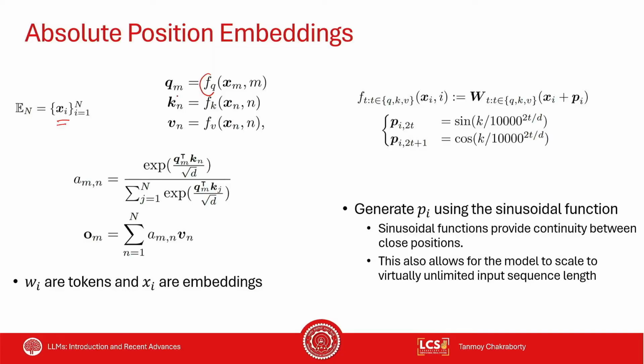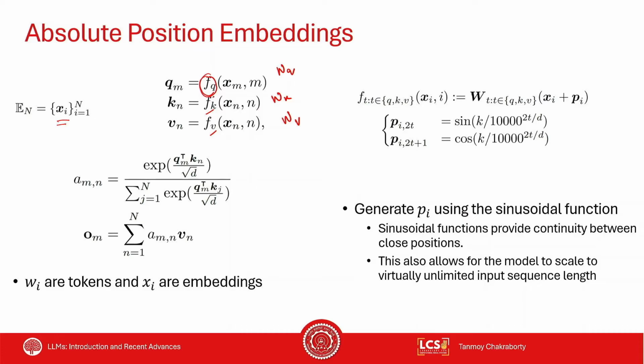Query will be generated through some function fq, which in the normal transformer is essentially a linear transformation. You multiply the embedding with a matrix Wq, and this by Wk, and this by Wv. But let's assume that these are generic functions.